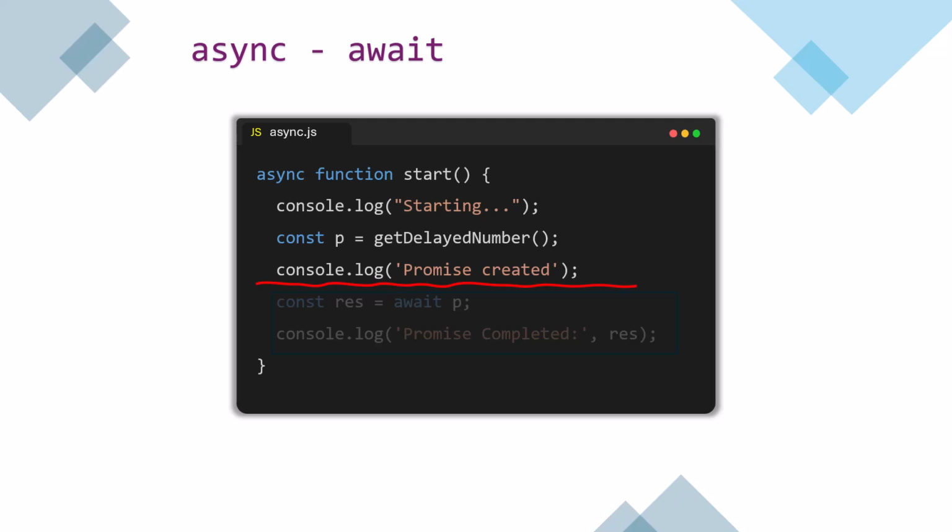The await keyword can only be used in front of a promise. If you've seen await in front of a function, what's really happening is that the function returns a promise and await is applied to that promise. In other words, first the function runs, then it returns a promise, and only then we await that promise. So we do not await the function, we await the promise that it returns.